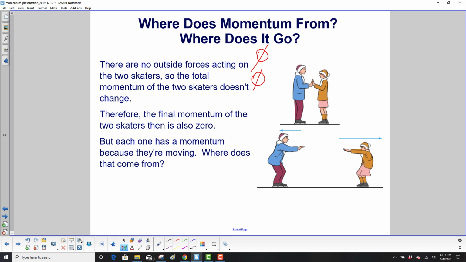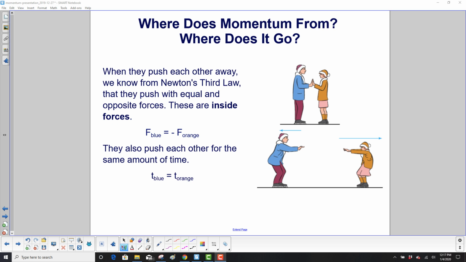But each one has a momentum because they're moving. Where does that come from? When they push each other away, we know from Newton's third law that they push with equal and opposite forces. These will be inside forces to our system of the two objects, the two skaters. The force that blue exerts is negative of the force that orange exerts. They also push each other for the same amount of time.